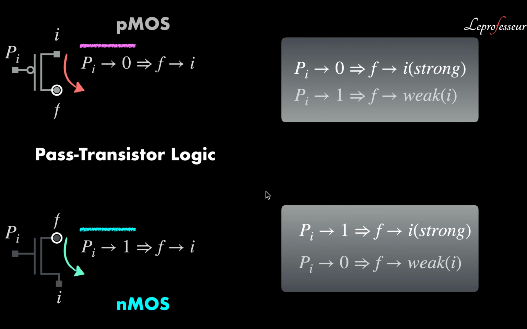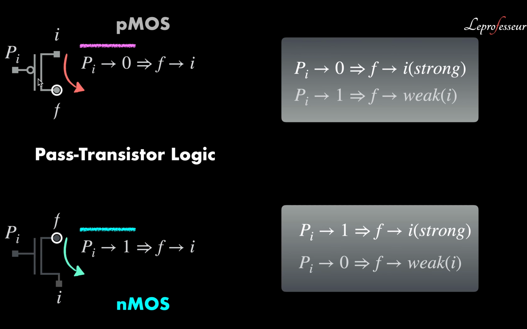These are just to remind ourselves and formalize the equations. What if PI for NMOS is 1? What will happen at the output? It has been found that this produces a weak voltage level at the output.